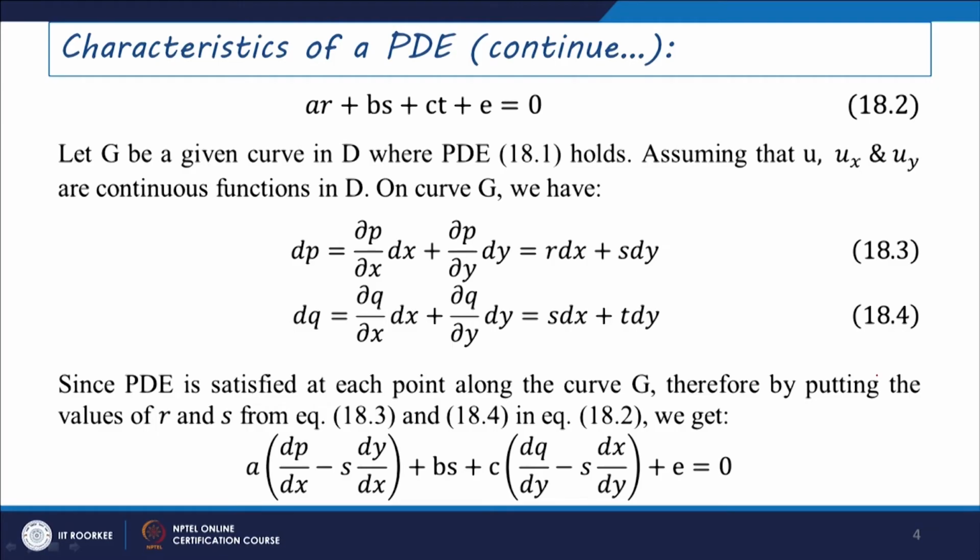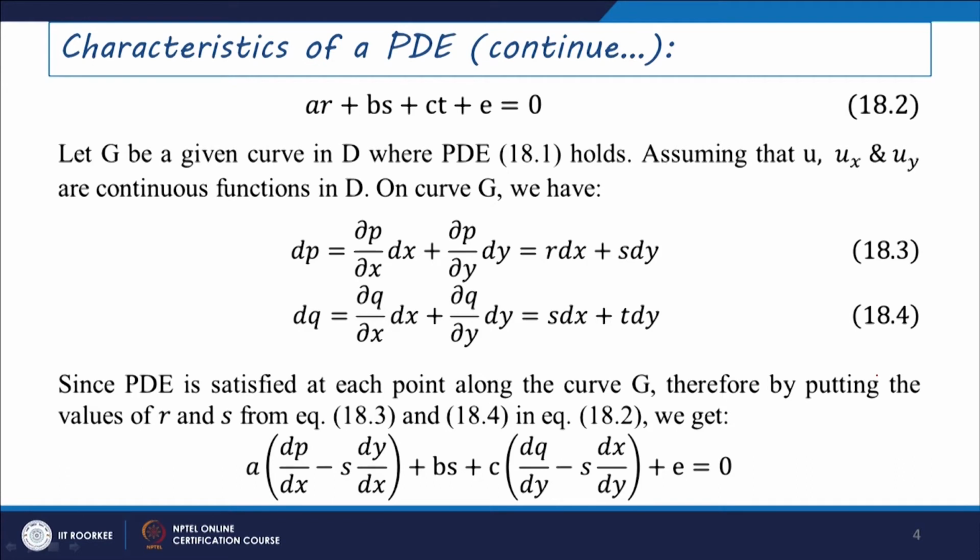Suppose G is a curve defined in a domain D, where this partial differential equation holds. Assuming that u, ux, uy are continuous functions in D, along this curve, consider dp equals ∂p/∂x dx plus ∂p/∂y dy.